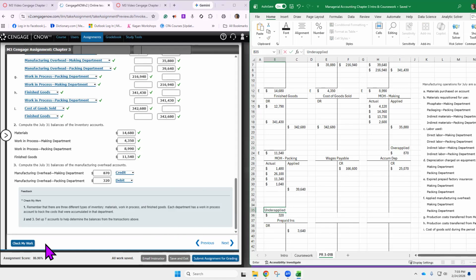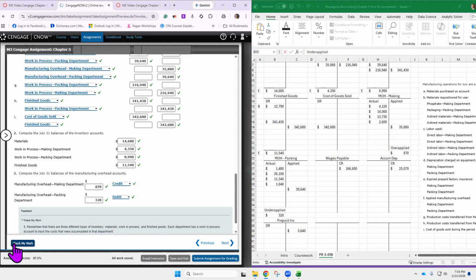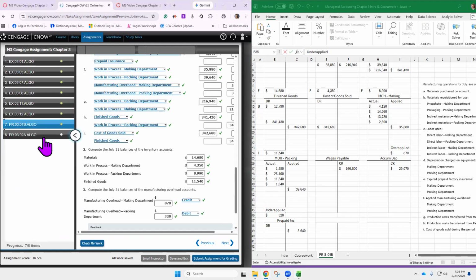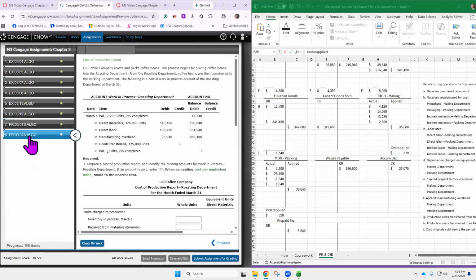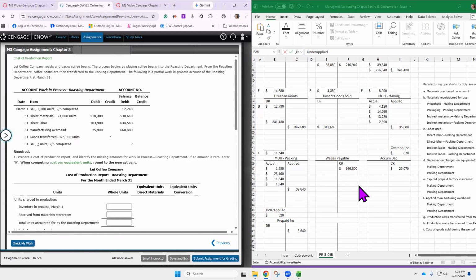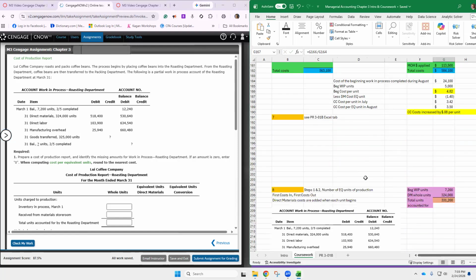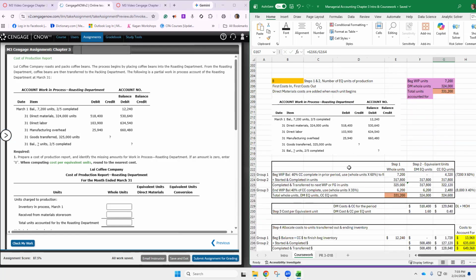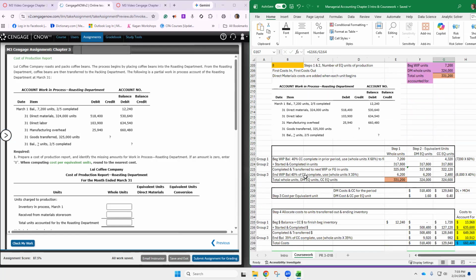Okay, so I think that gets us where we want to be for these journal entries. We have one more to do. My goodness. Okay. Going back to the cost of production report. Okay, I'm going to give you a copy of one of these from the book, but here's mine. Okay, here's mine. So we have the roasting department on March 1st.